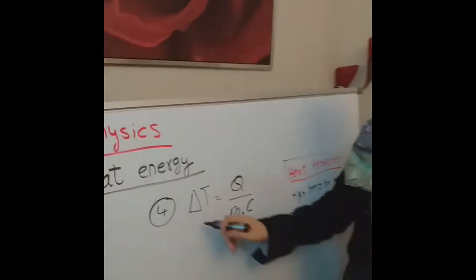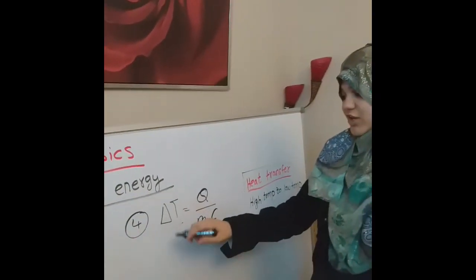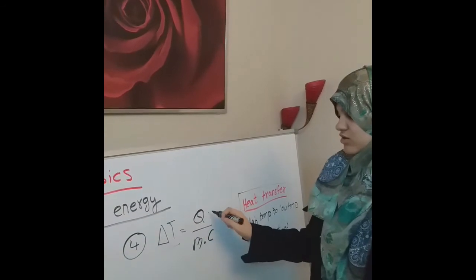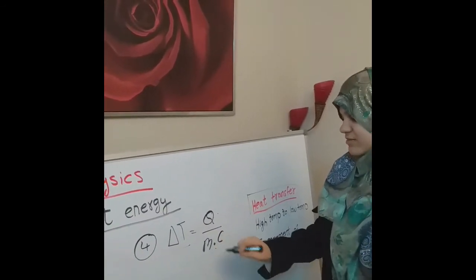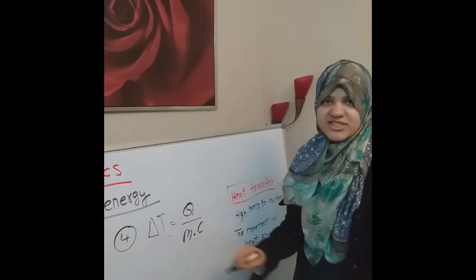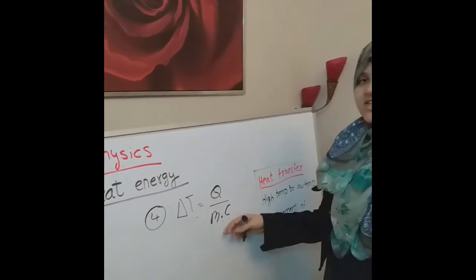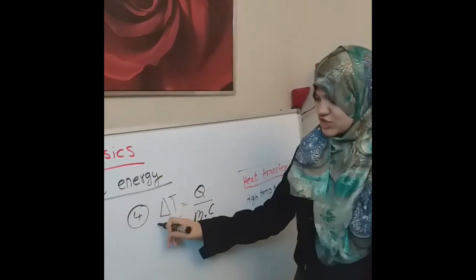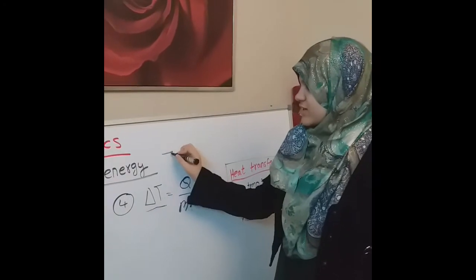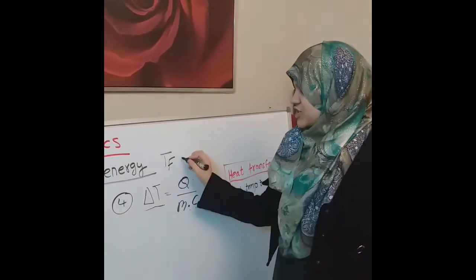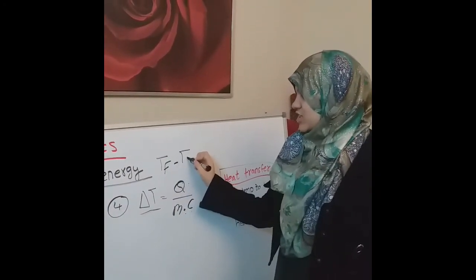That means the change of temperature equals the heat over mass times the specific heat capacity. After that, we know that the change of temperature is the final temperature minus initial temperature.